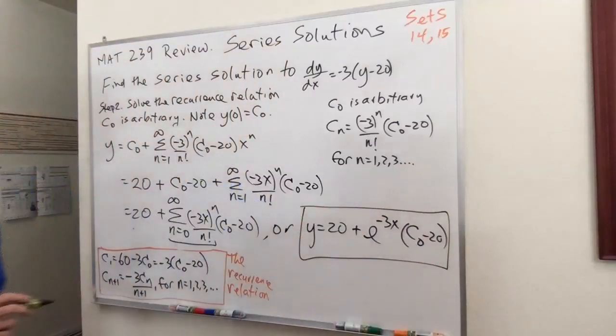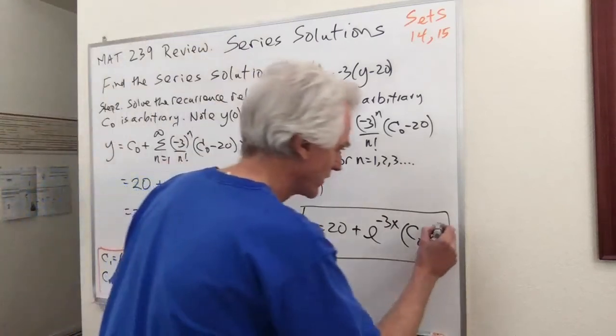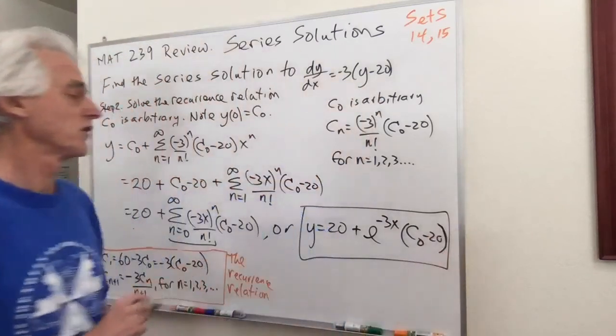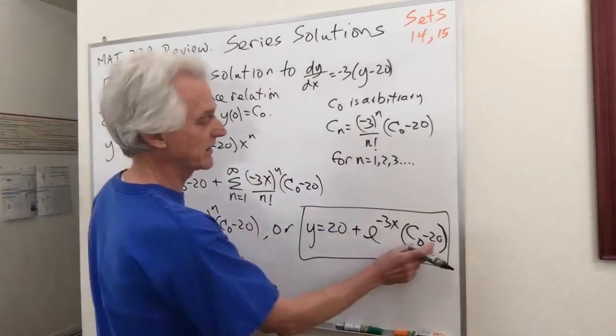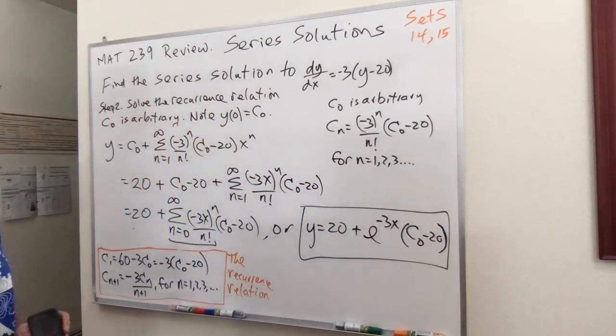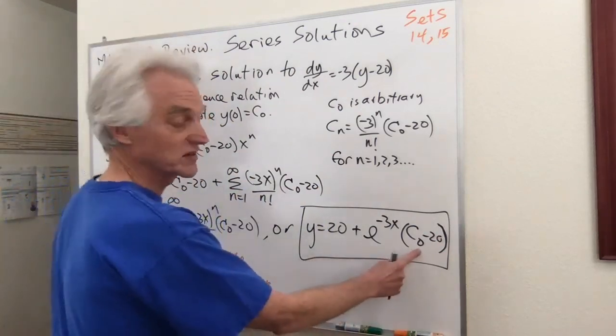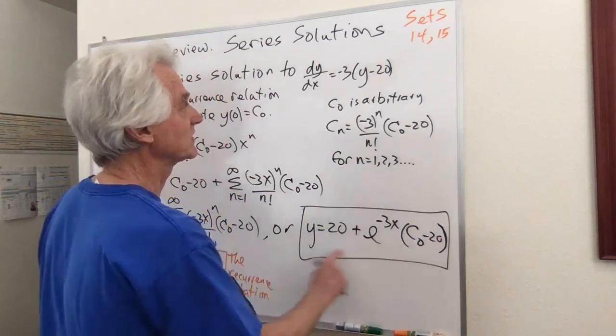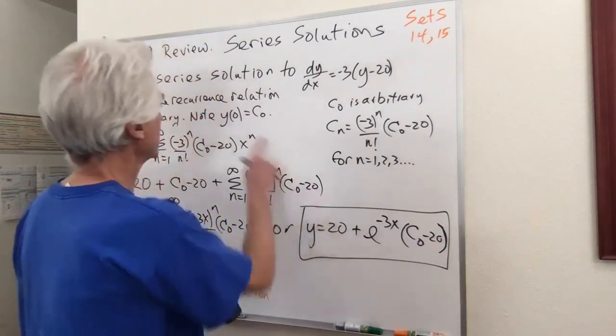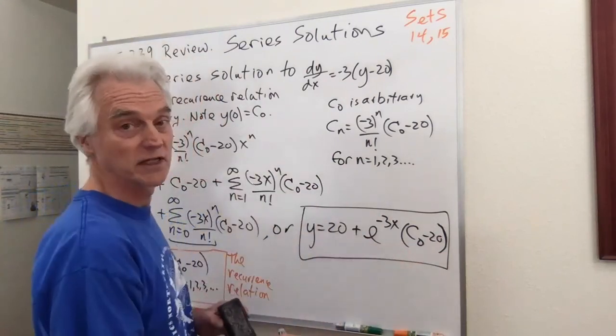Okay, so our next method of deriving the solution, we'd call that thing C-twiddle before. It's an arbitrary constant, but actually this is a little bit better than just saying C-twiddle. This gives you the solution with the initial condition y of 0 is C0.